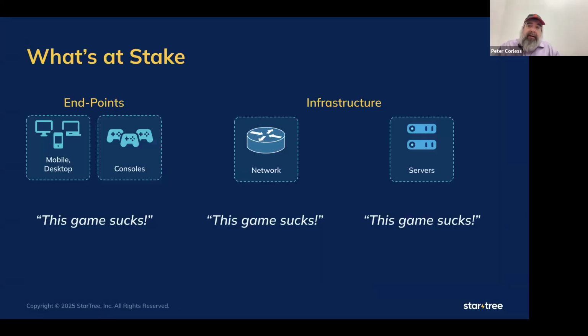So what's at stake here can be divided into risks at the endpoints, whether at the mobile or desktop or the consoles. It can be somewhere in the network, and it can be somewhere in the back-end infrastructure. And if any of these are not operating performantly, reliably, crashlessly, then the users are left with the perception that this game sucks.